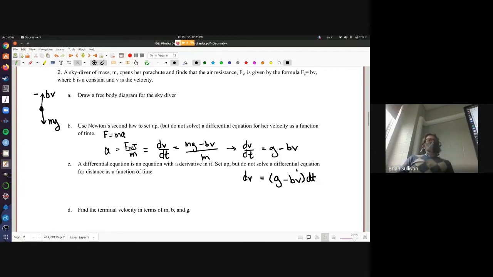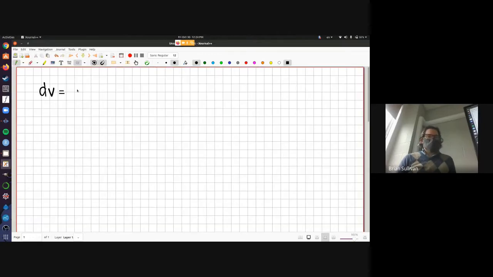So how could I solve that to find velocity as a function of time? I'll just rewrite it: dv equals g minus bv times dt.